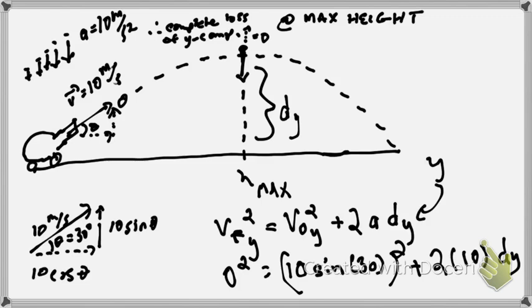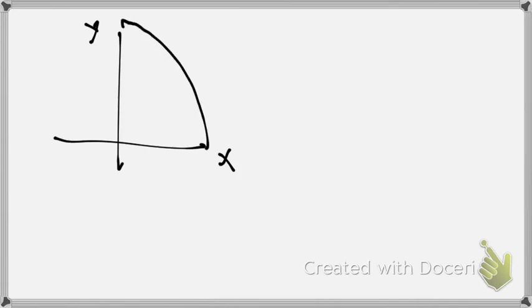So what is 10 sine 30? Well, let's go ahead and look at this. Let's look at the sine. Remember, I showed you the easy way of solving that first quadrant. So let's look at this. X is on the x-axis, so this is 1, 0. Y, 0, 1.